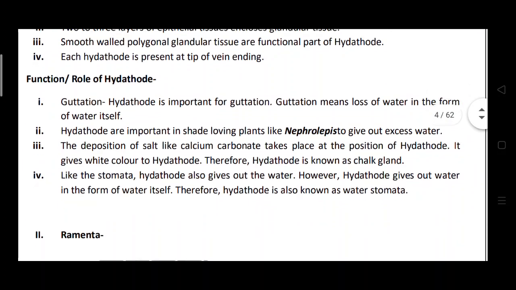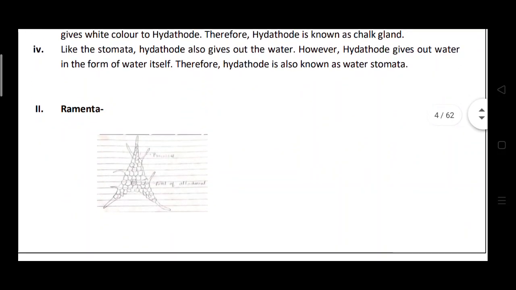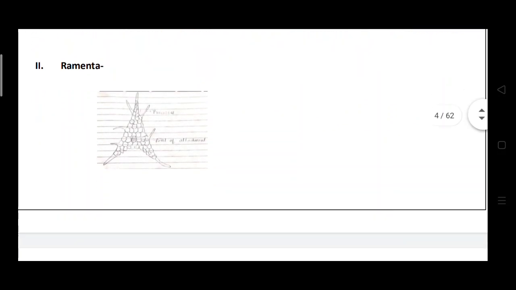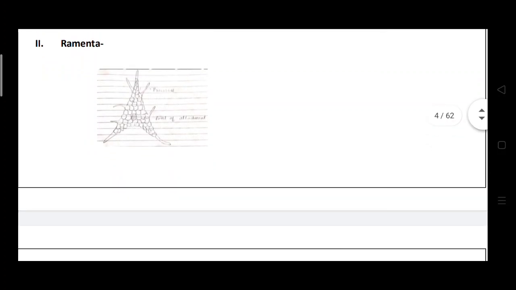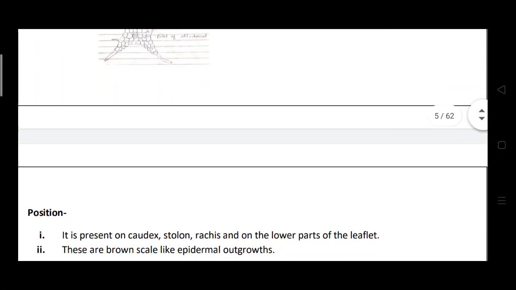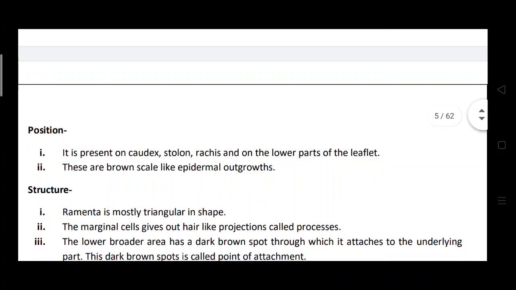The next important part is the ramenta. This is the structure of ramenta. You have to see it is triangular in shape. At the sides there are processes, and at the middle point there is the point of attachment. Where is it present?